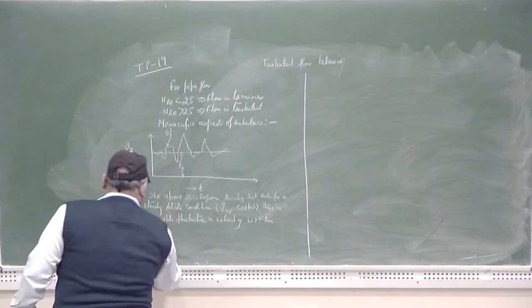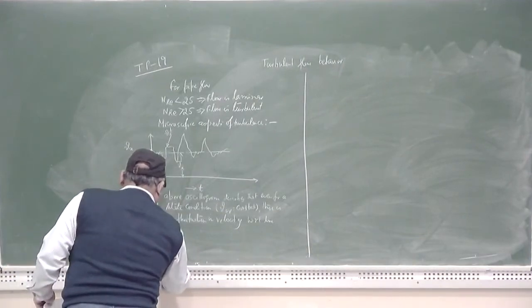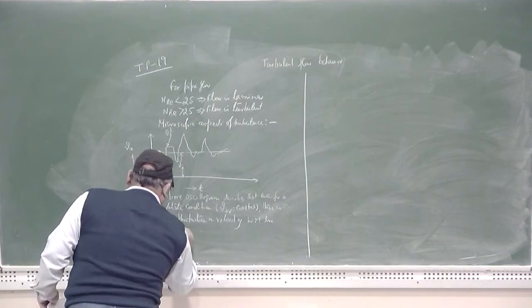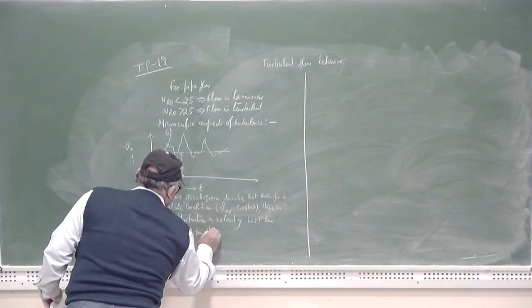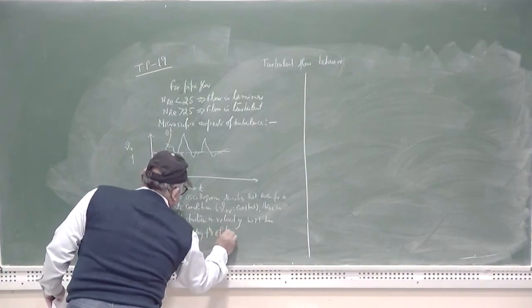So Vx is an oscillatory function of time.